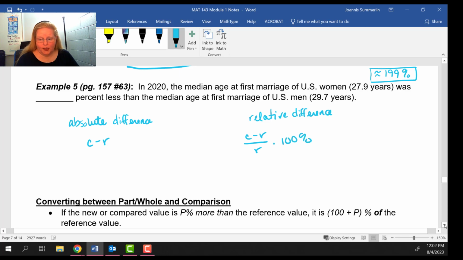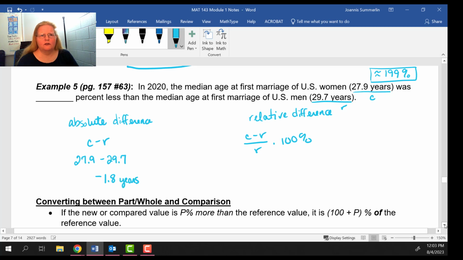My compared is the first one they mentioned. Well, the first one they mentioned was this one. So that's my compared, which makes this one my reference. So it must be 27.9 minus 29.7, which in this case is negative 1.8 years.